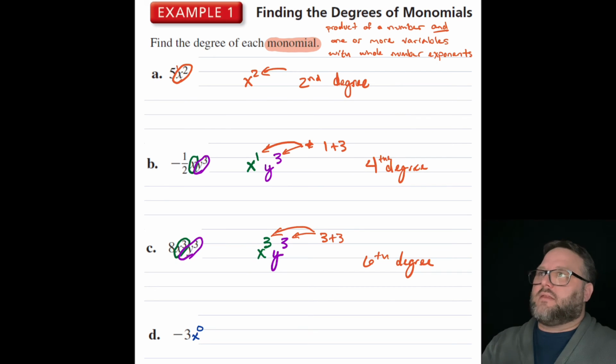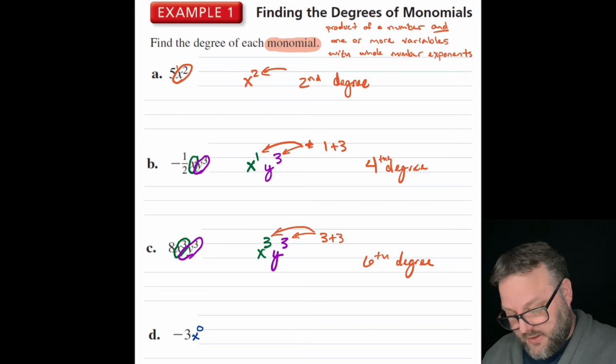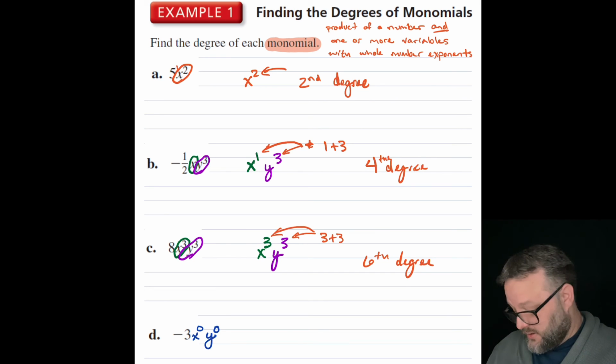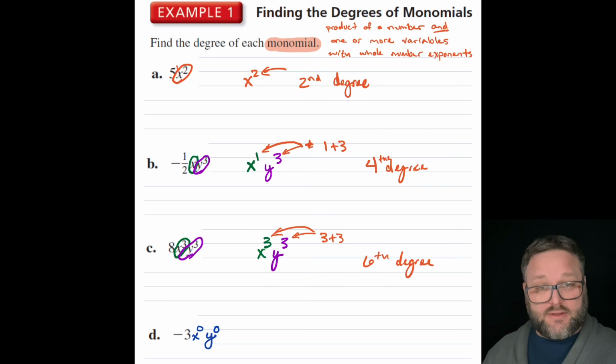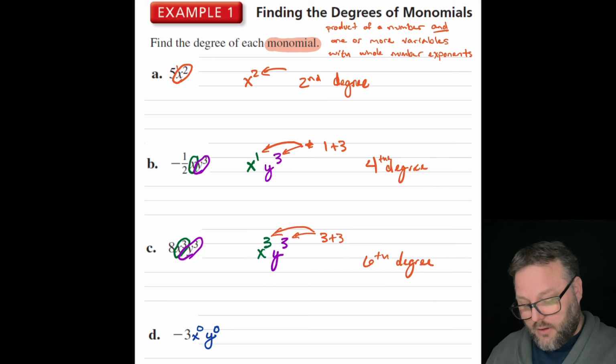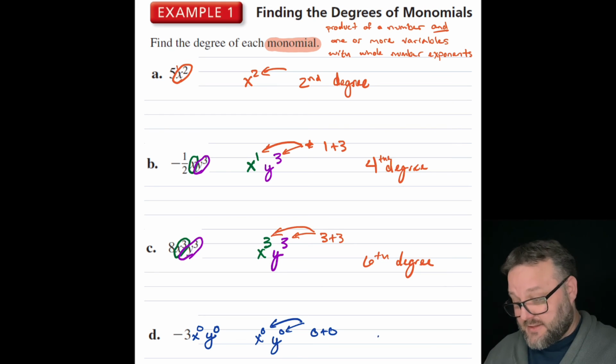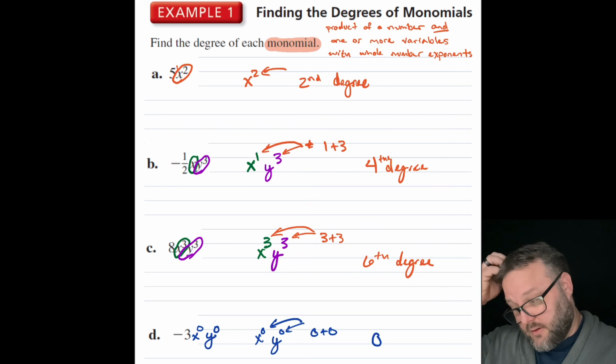But underneath that same logic, what if I said y to the 0? Great question. If I had y to the 0 and x to the 0 here, that means I would have x to the 0, y to the 0. I'd be looking at these zeros. So this becomes 0 plus 0, and that means this is a 0 degree monomial.